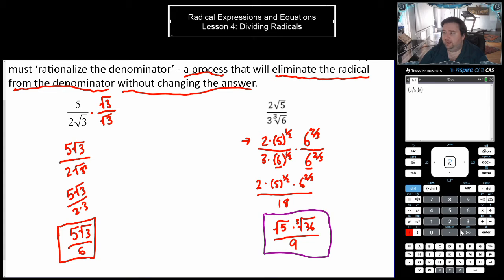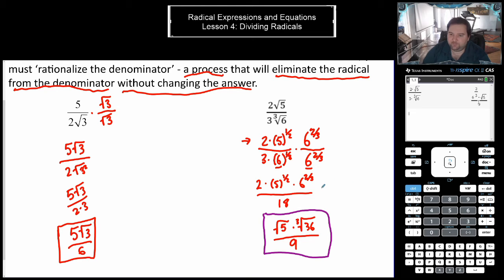We're going to divide that by 3 cube root of 6. Let's see what the calculator says. It says 6 to the 2/3 times root 5 over 9. Oh, okay. I like my answer better.